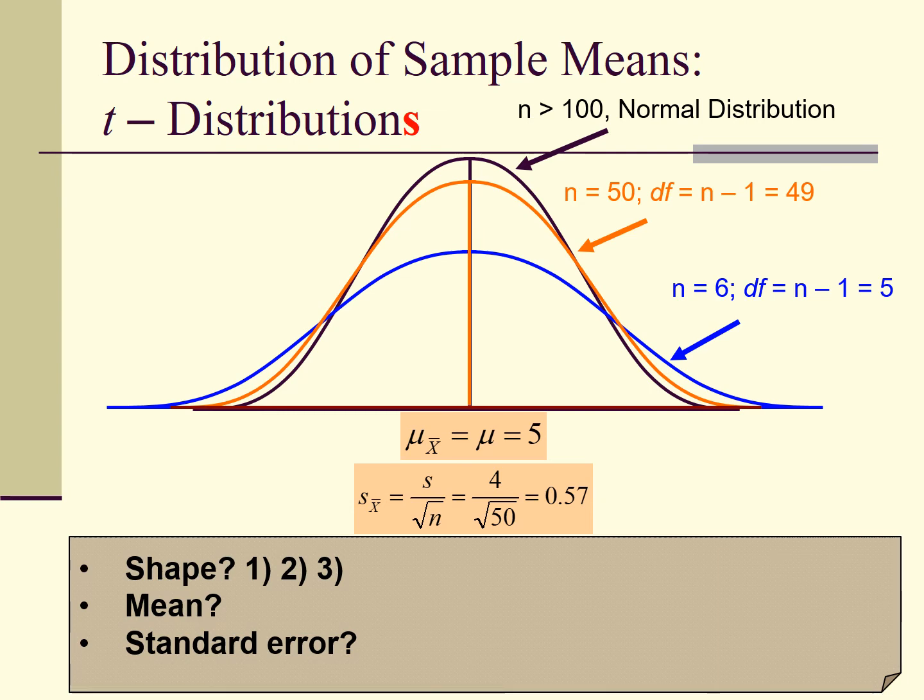When the sample size is greater than 100, the t-distribution is very close to a normal distribution. The mean of the t-distributions is the population mean, and the standard error equals the standard deviation of the sample divided by the square root of the sample size.